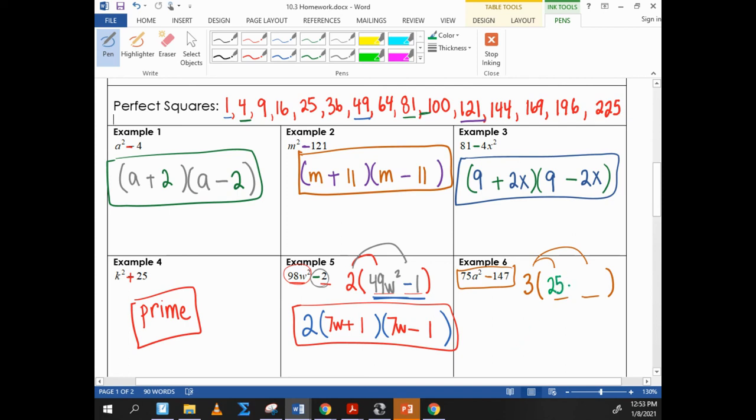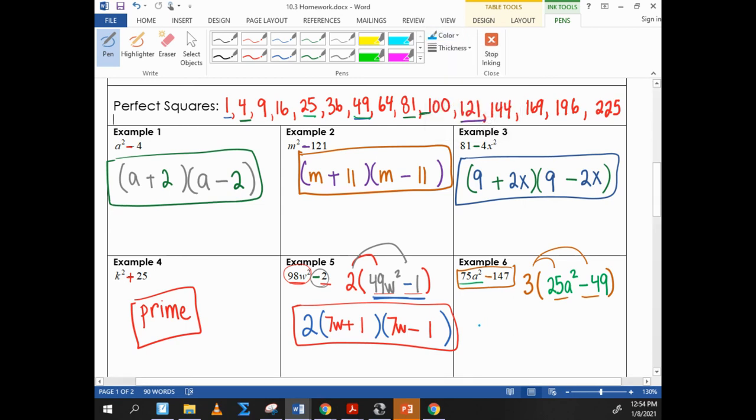So 25, and then we need that a squared in there to give me that 75a squared. Now when I distribute, I'm back to this first term. What do I multiply 3 with to get -147? I need a negative, and 147 divided by 3 is 49. Okay, now it's nice because look, here's our 25 on my list. Here's my 49 on the list. So this is a difference of squares.